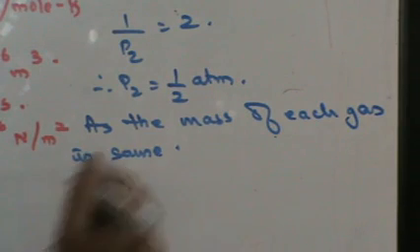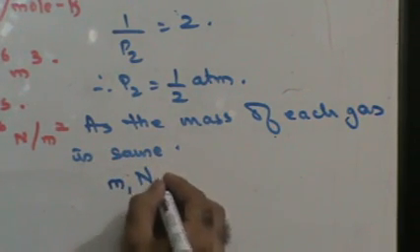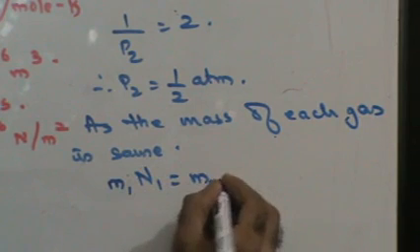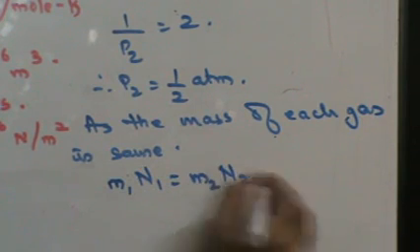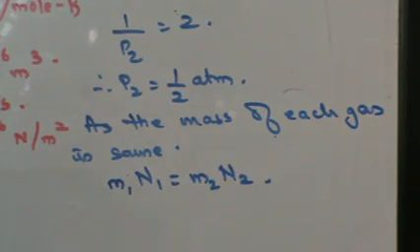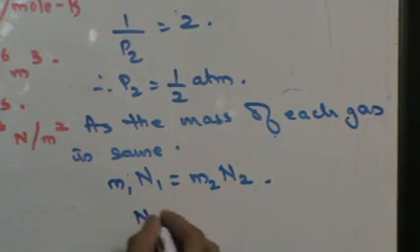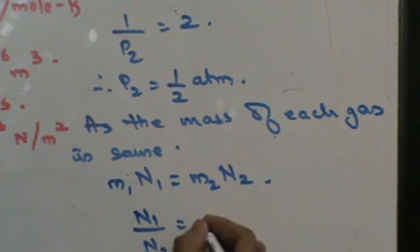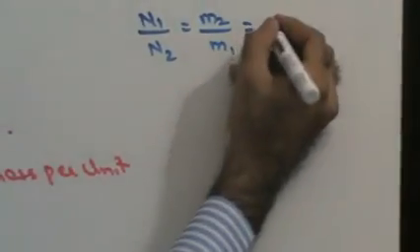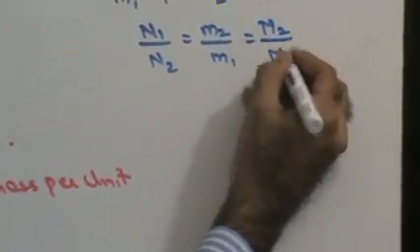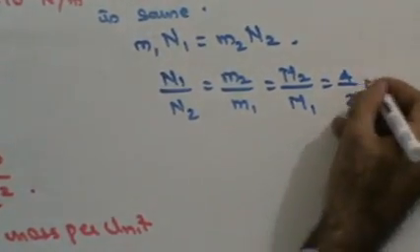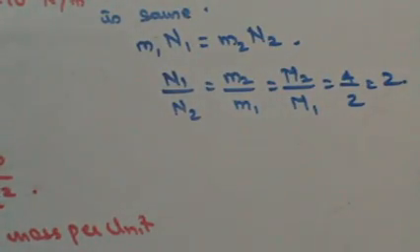Therefore, mass of one gas molecule multiplied by the number of molecules should be the mass of the other gas molecule multiplied by the number of the other molecules. Therefore, I can say that N1 upon N2 is equal to M2 upon M1, which is nothing but 4 upon 2, which is 2. So the relative number of molecules N1 to N2 is going to be equal to 2. Next, take on the next one please.